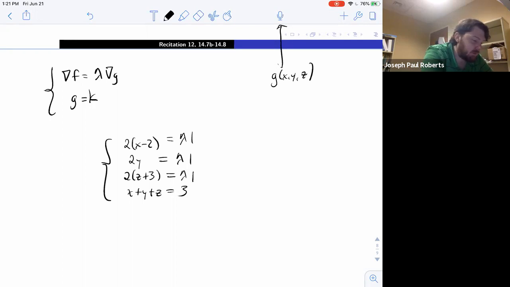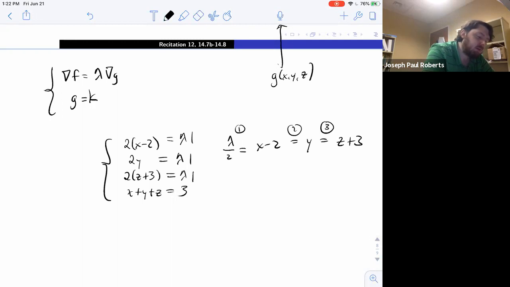Okay, this one's not so bad. It looks like lambda has to be from equation 1. Well, I'll do lambda over 2 just to make things easier. Lambda over 2 has to be x minus 2 by equation 1, but by equation 2 that has to be y, and by equation 3 that has to be z plus 3.